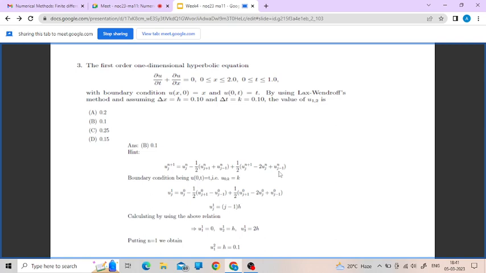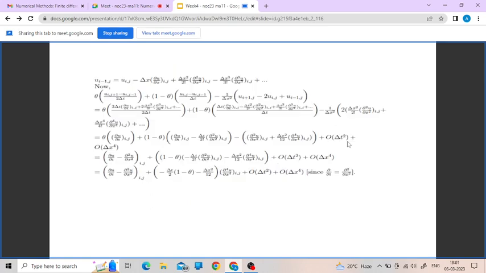So del u by del t at i comma j minus del t by 2 factorial into del square u by del t square at i comma j minus, similarly here, del x square by del x square will cancel out, so you will get del square u by del x square at i comma j plus del x square by 12 into del to the power 4 u upon del x to the power 4 at i comma j plus order of del t square plus order of del x to the power 4. Fine. Are you getting that?